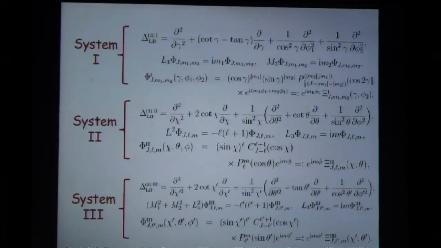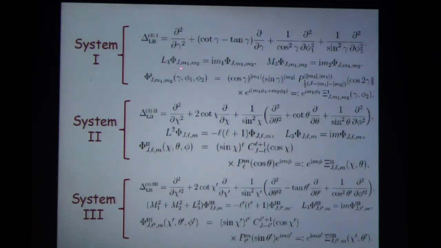There's a lot of algebra to be done. First of all, we want to express the Laplace-Beltrami on the three-sphere. See, here is delta in the first system, in the second system, and in the third system, in terms of the three angles. And that's the expression.